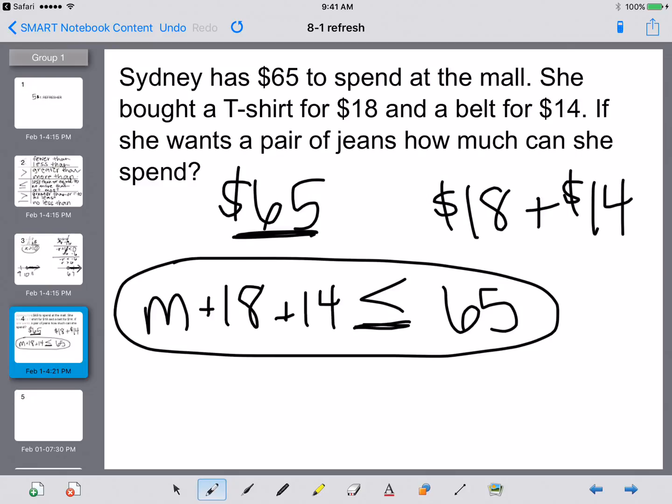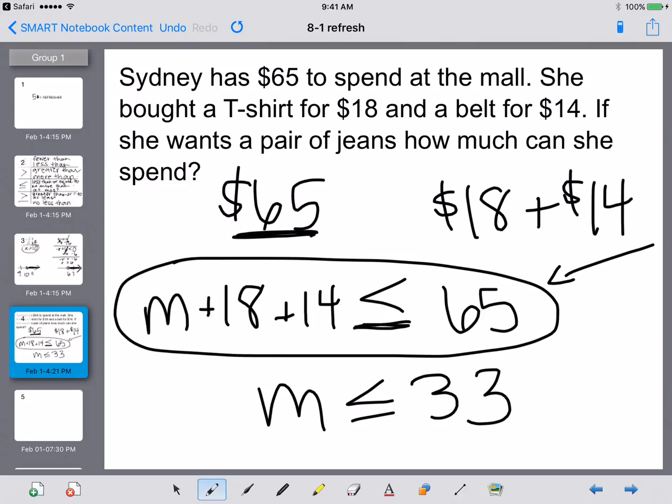If we wanted to solve this, we would subtract 14 and then subtract 18 and figure out what our M is less than or equal to, which in this case would be 33. So here's our word problem, and here's our solution.